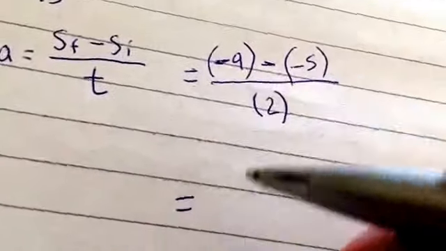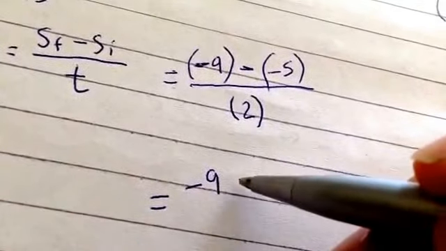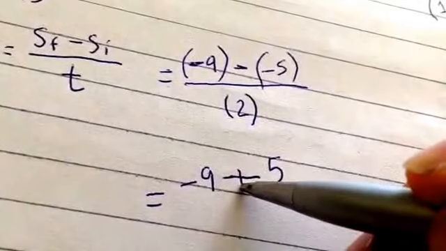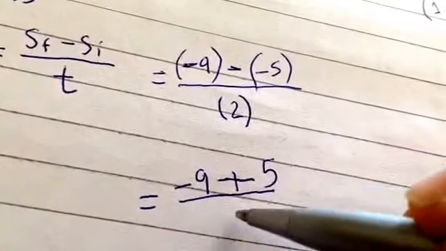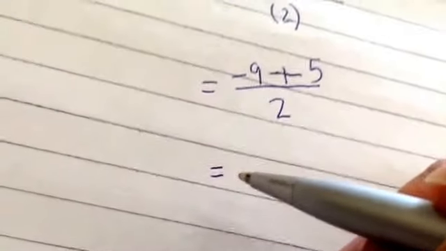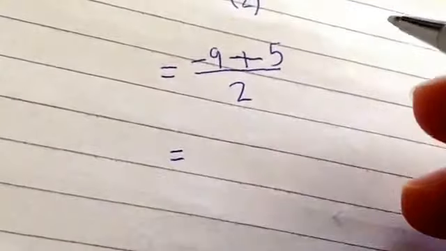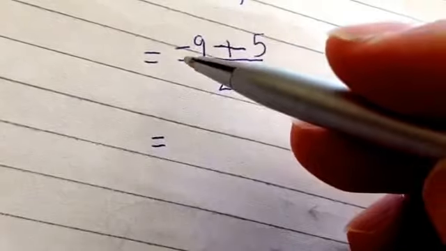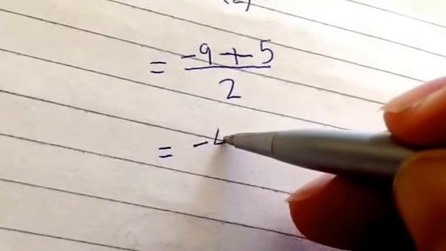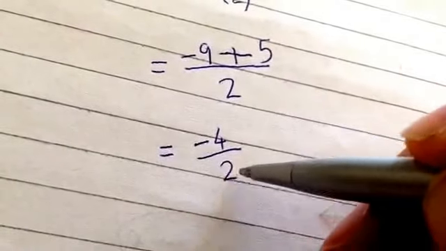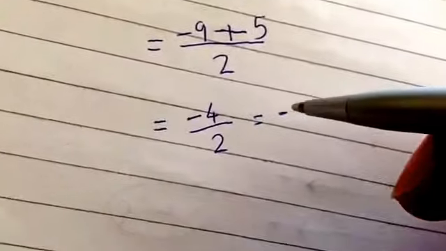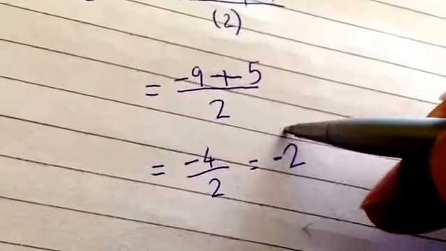So minus and a minus becomes a plus, divided by 2. So now we have minus 9 plus 5. You look at your number scales, minus 9 plus 5, well you can use a calculator. Minus 9, you add 5, would be minus 4. Divided by 2, you cancel down, minus 2 is the answer.